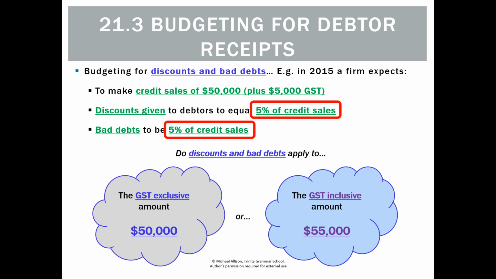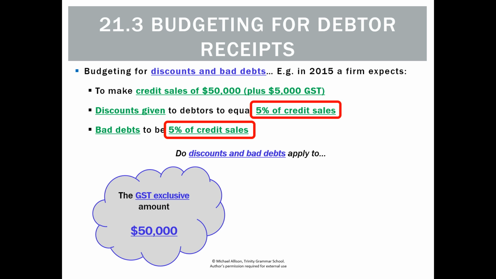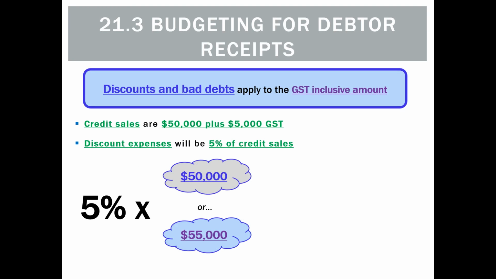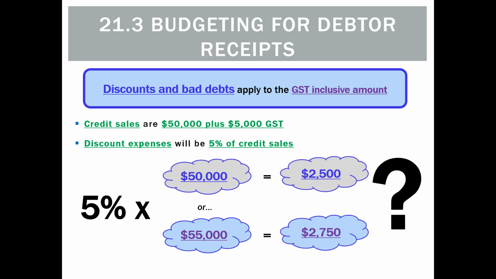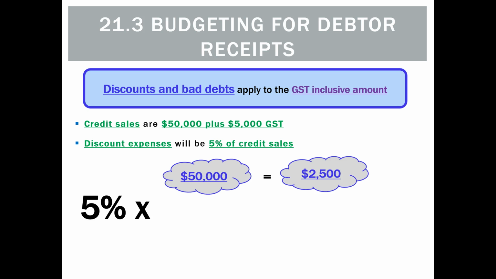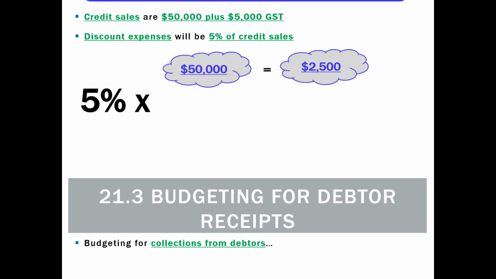So if it's just saying 5% of credit sales, we would apply the discounts and the bad debts just to the GST exclusive amount. So out of 50,000 or 55,000, we will take the one that is only the 50,000 exclusive amount, and that'll be equal to $2,500.